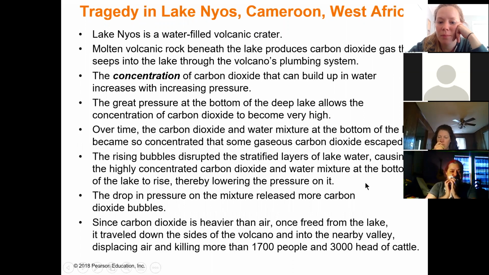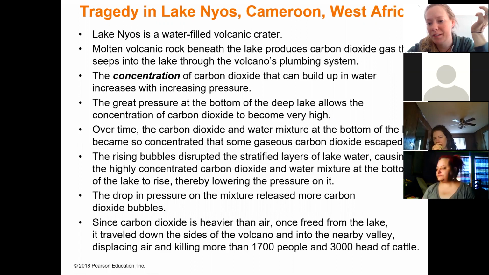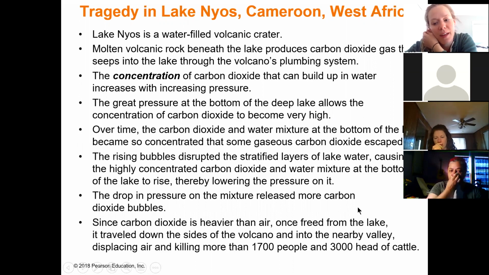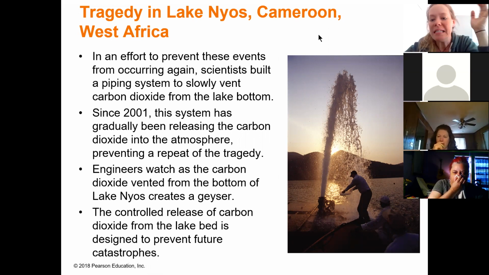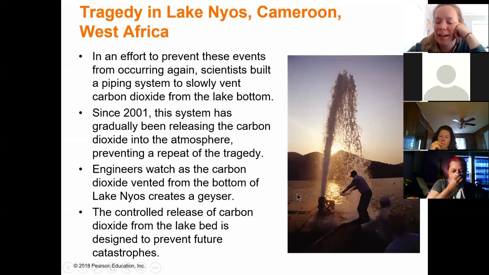So it ended up suffocating all the people and animals that lived at the bottom of this hill. It said 1,700 people and 3,000 cattle died because the CO2 covered the whole town. So now they degas the lake regularly. They have these pressure points where they can let CO2 out of the lake, and that doesn't happen.